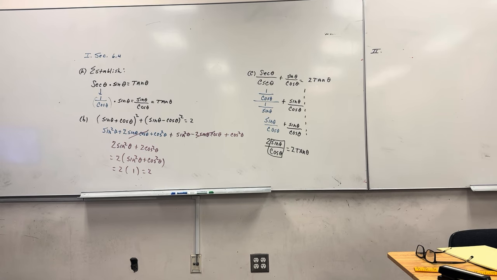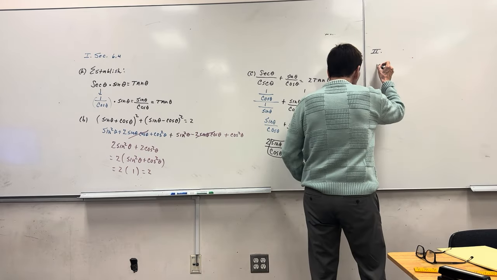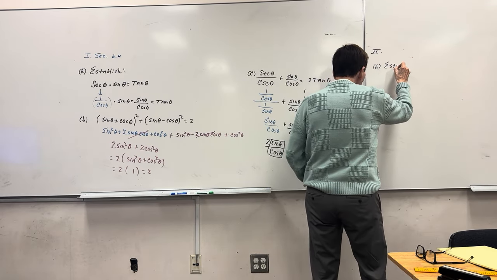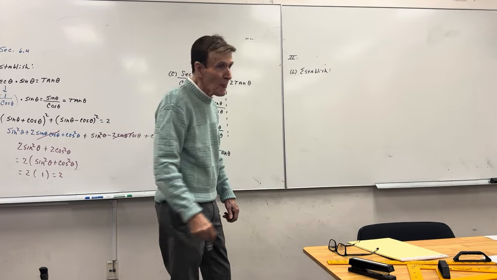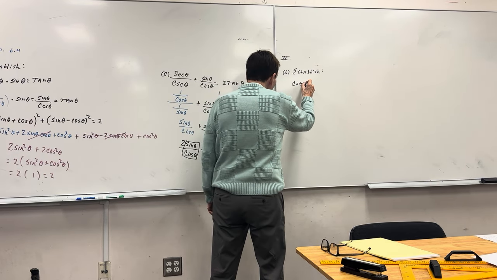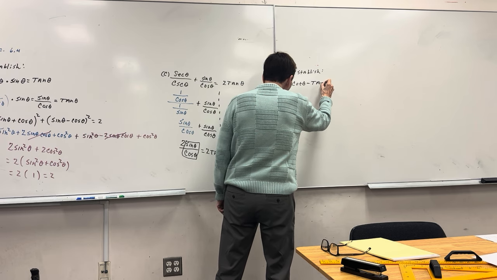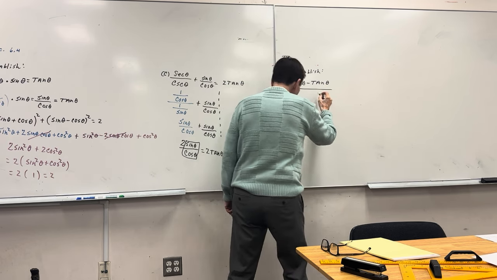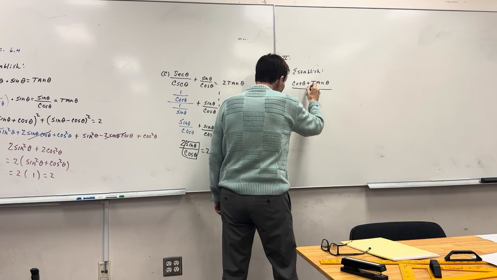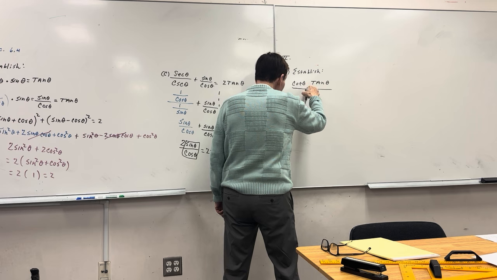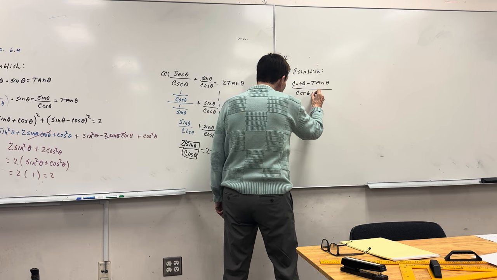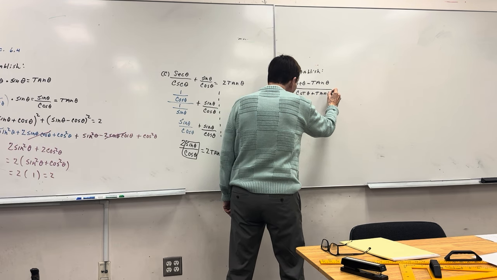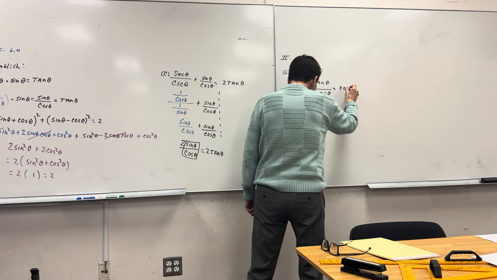So we have to establish the given identity. Going back to establish: cotangent theta minus tangent theta over cotangent theta plus tangent theta, the denominator, equals cosine double theta, cosine 2 theta.